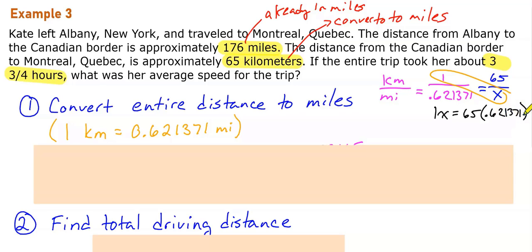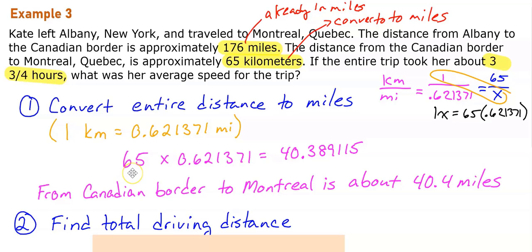Or if you don't need to set it up as a proportion, you could just go ahead and multiply the two. But that just shows you how we get the 65 times 0.621371, and it equals 40.389115. So from the Canadian border to Montreal is about 40 miles, or 40.4 miles.